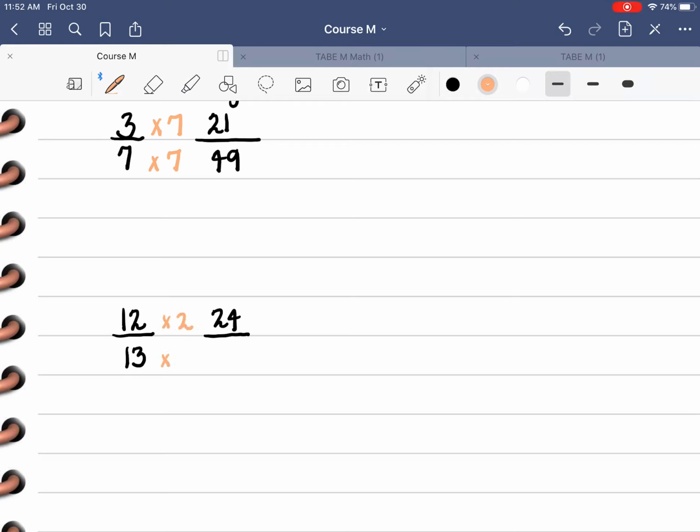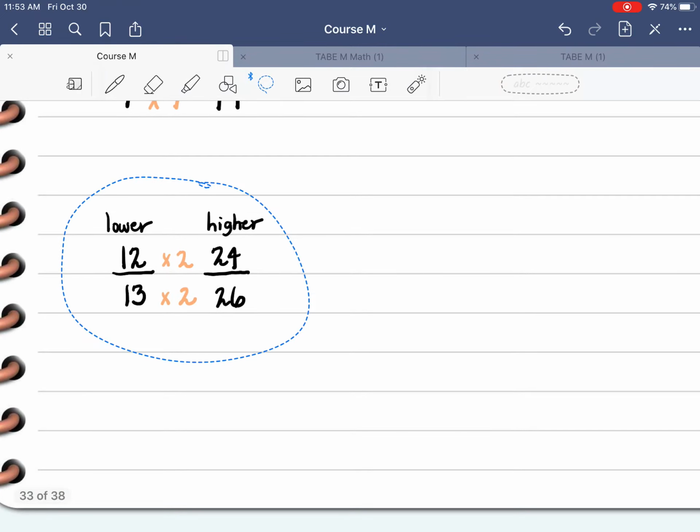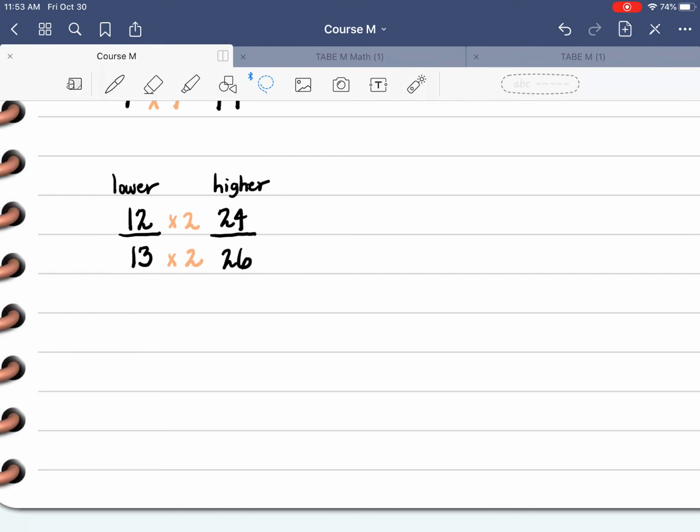So 13 times 2 would give me the 26. So these are higher terms. These are lower terms. And let me slide this one up one line, and I can fit another example down here.